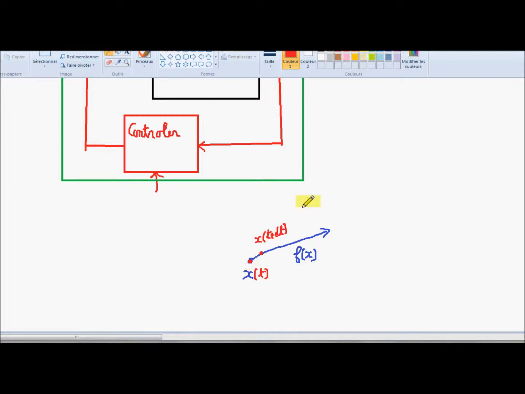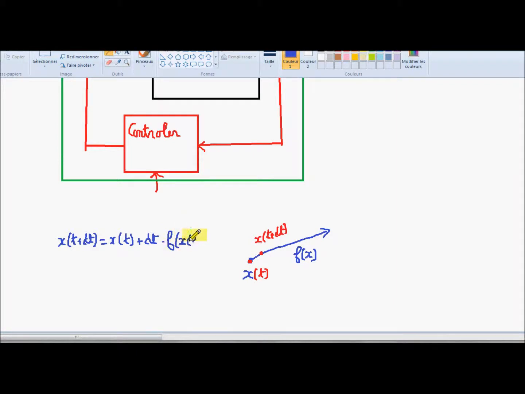So if you prefer, I can say that I have x of t plus dt, where dt is small, is equal to x of t plus dt multiplied by f of x of t.